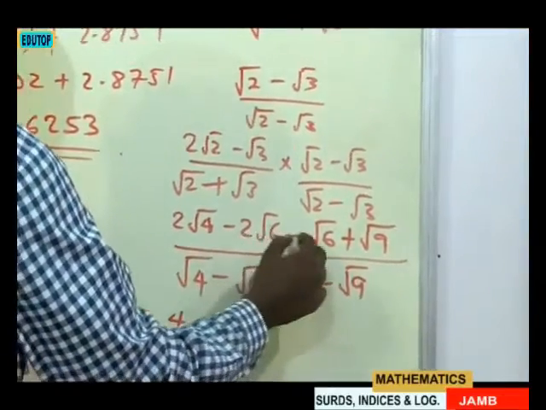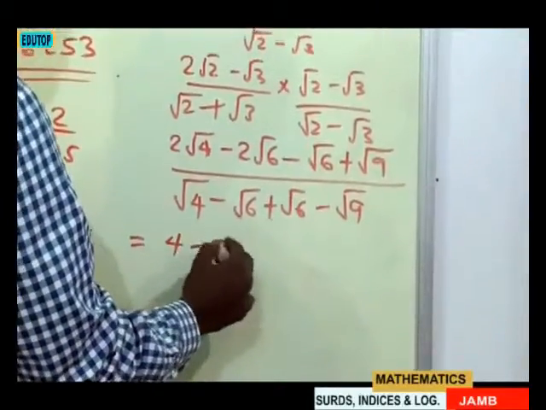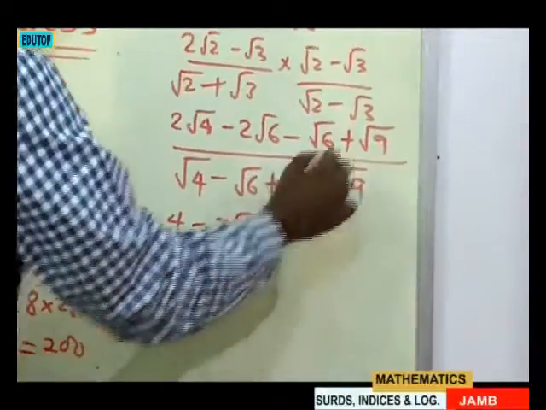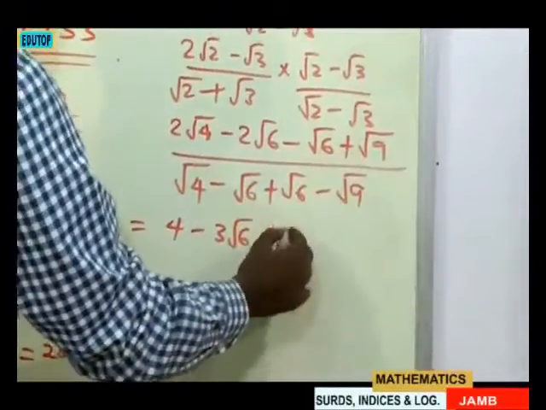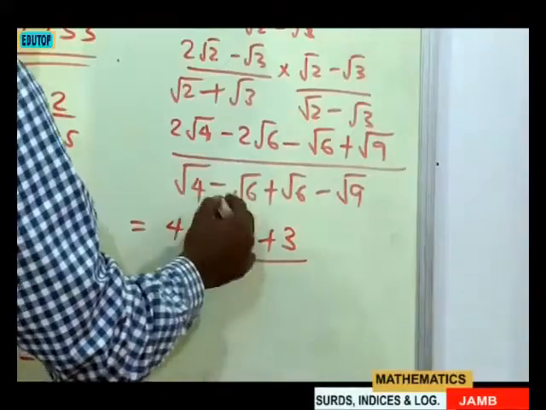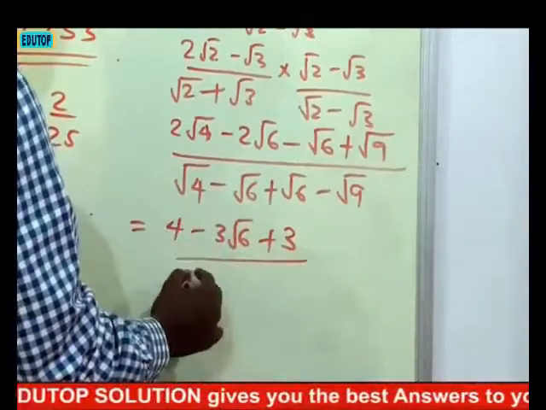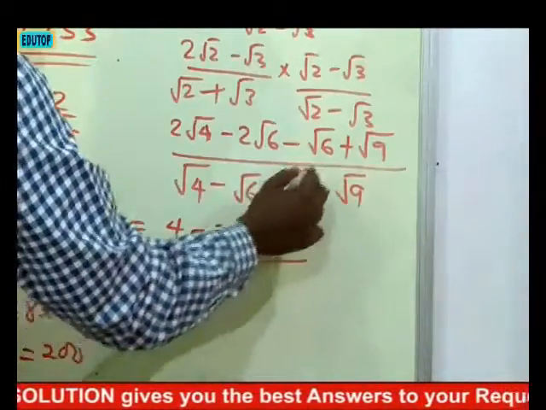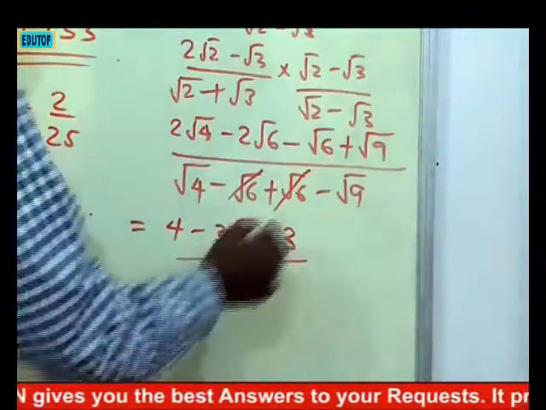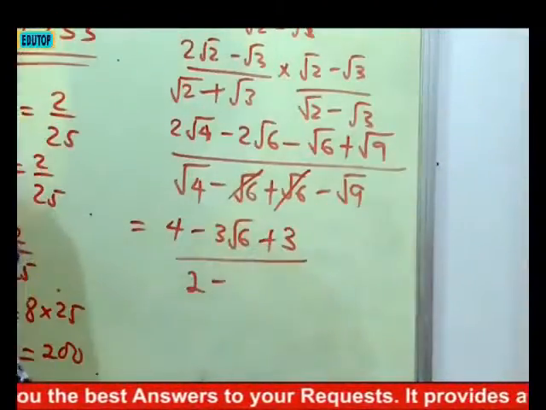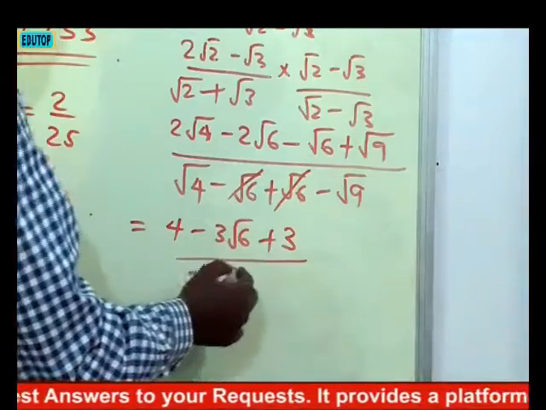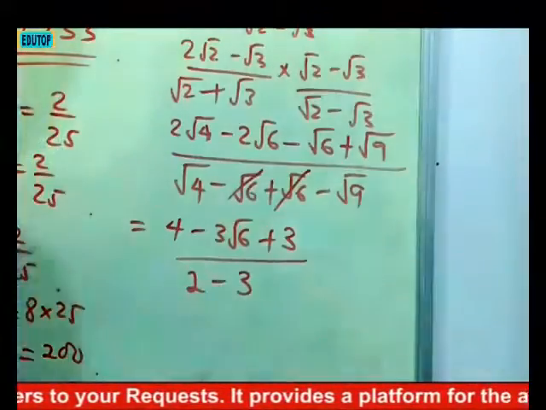Minus 2 root 6 minus root 6, that would definitely be minus 3 root 6. Then plus root 9 is 3. Then I have root 4, which is 2. Minus root 6 plus root 6, that cancels out. Then minus root 9 is definitely 3.